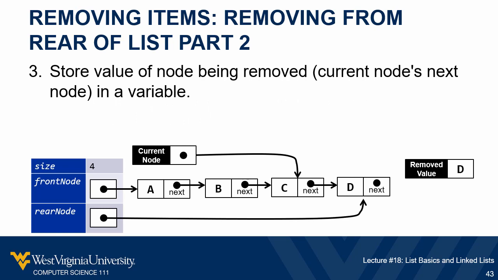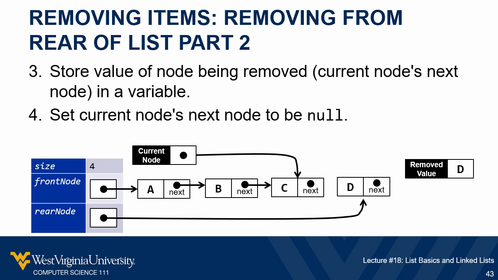At this point, we'll want to create a temporary variable to keep track of the value that we're removing from the current node's next node. So we've got D here. We're going to cut that node off the end of our chain by setting the current node's next node to null. So it's going to look like C is the end of our chain.